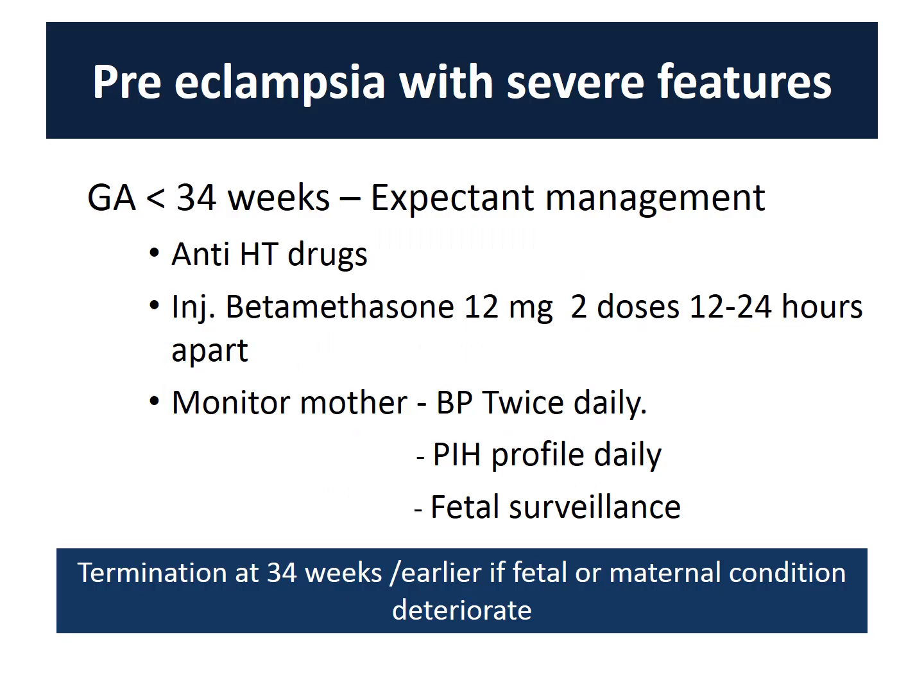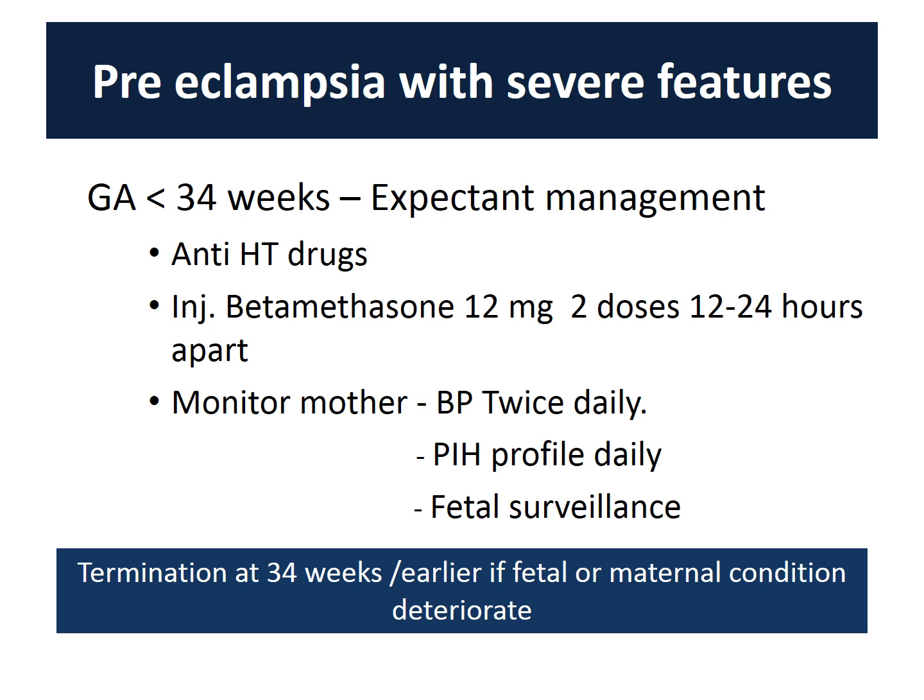If the gestational age is less than 34 weeks and there is no evidence of maternal organ dysfunction and BP is controlled, we can go for expectant management. We can give antenatal corticosteroids, that is betamethasone injection 12 mg, 2 doses 12 to 24 hours apart.